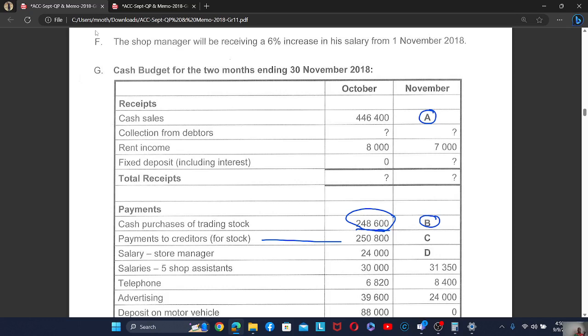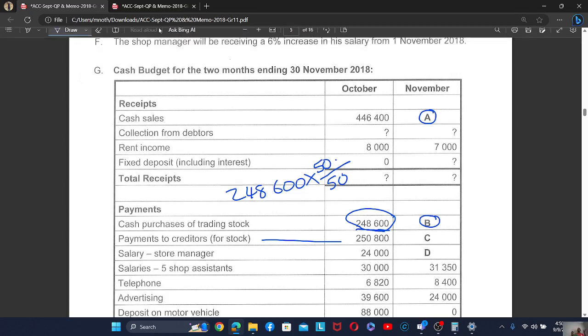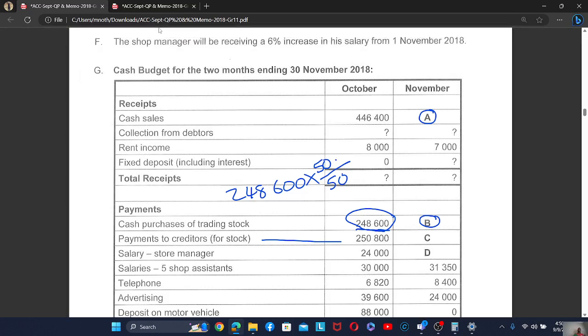And then we could have said 248,600 multiplied by, okay? We know that the cash purchases are 50%, and then we are looking for the credit purchases, which are 50%. It's unlikely that this time they're the same, but I'm doing this because next time maybe the credit will be 60% and the cash maybe 40%.